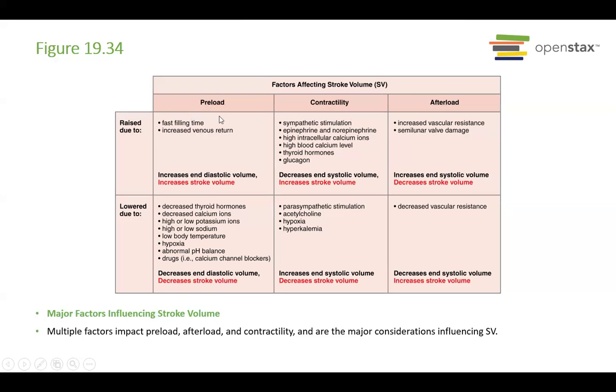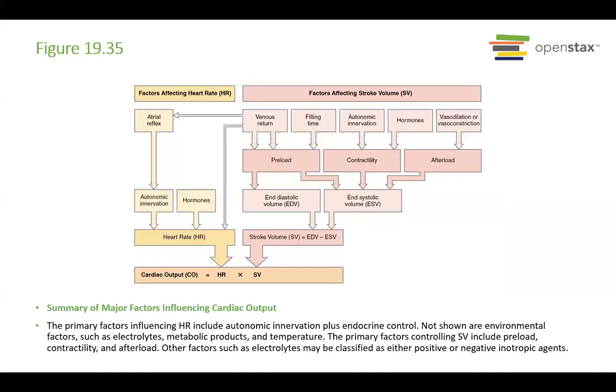The preload is the amount of blood that has to be put in the ventricles before the cycle of contraction begins. The contractility is how often your heart contracts, and the afterload is the resistance that stands in the face of the blood as the blood is leaving the aorta.